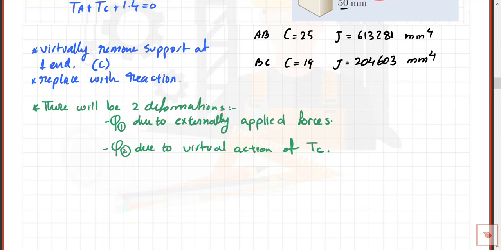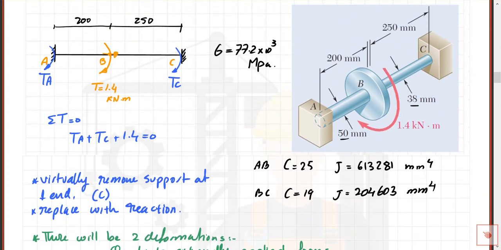The equation we will work with is that their sum, phi 1 plus phi 2, must equal 0. We agree that phi at point C is 0, because it's fixed.